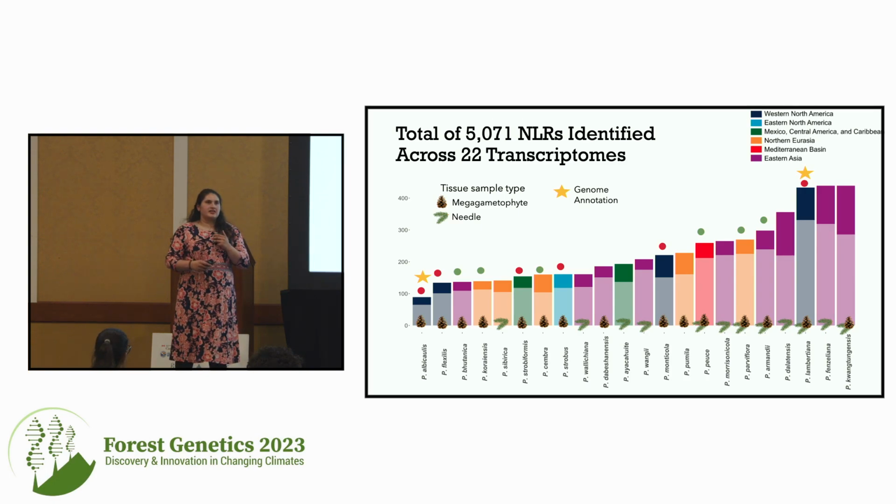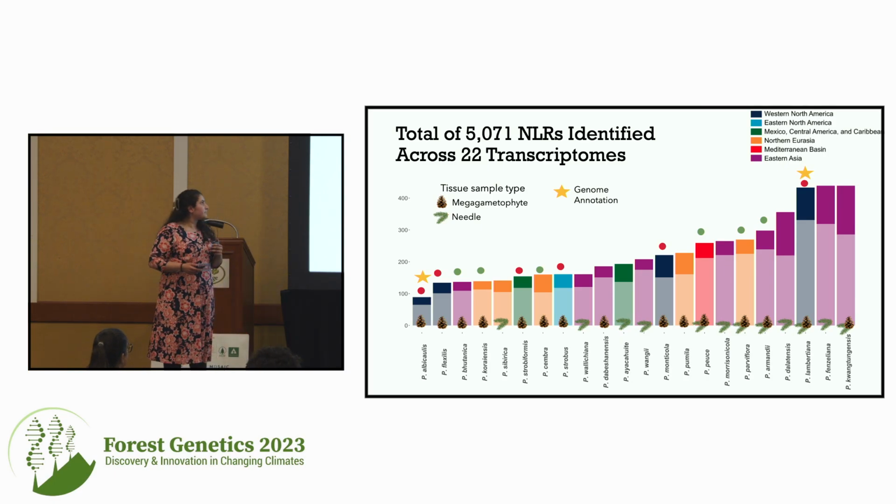One thing to note is that of all of the transcriptomes that I used, sugar pine had the deepest sequencing, which I believe is part of the reason I was able to identify more NLRs there. There weren't very clear patterns with tissue type or with resistance that I was able to see using the transcriptomes.